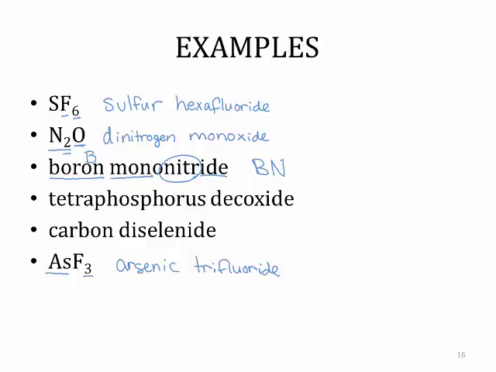Going on to the next one, I have tetraphosphorus decoxide. I recognize phosphorus as my element, capital P. Tetra is my prefix meaning 4, so there's 4 phosphorus atoms. And then the decoxide, ox is my stem for oxygen, so capital O. Dec is from deca.